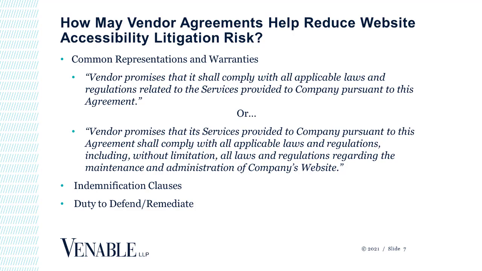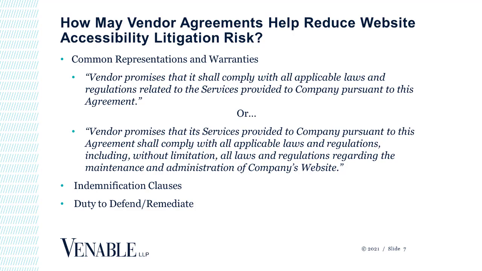But consider for a second the two examples of this common rep and warranty that are on this page. The first example says, vendor promises that it shall comply with all applicable laws and regulations related to the services provided to company pursuant to this agreement. Very standard rep, seen it in a lot of agreements. What does it mean?